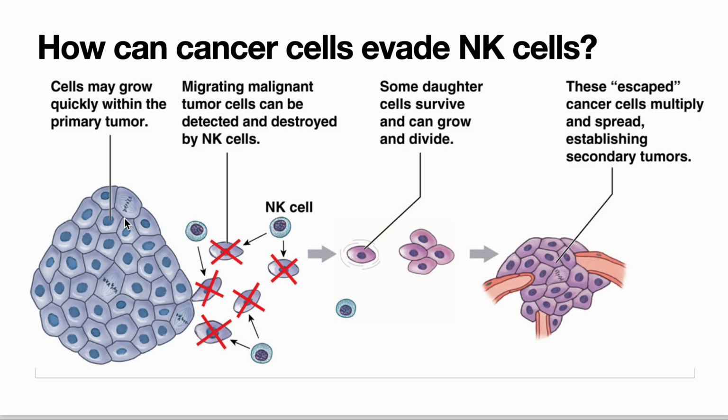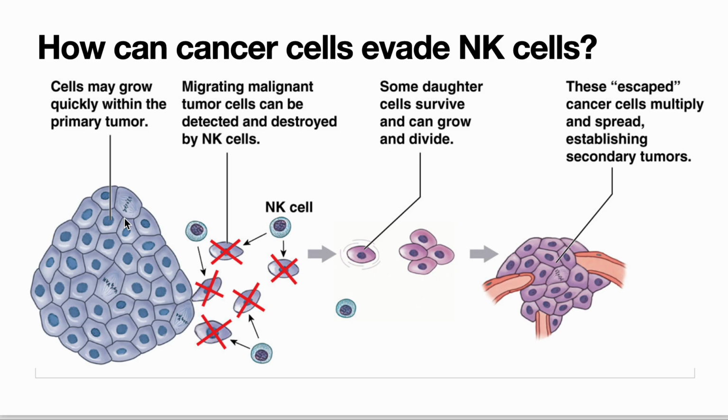But sometimes, when the cancer cells are undergoing mitosis, which they're doing a lot because that's what cancer is, uncontrolled cell growth, a mutation occurs during one of those mitotic divisions that results in a daughter cell that doesn't display a tumor-specific antigen. If that happens, the NK cells can't see it. That cell is essentially invisible. It just looks like a normal cell.